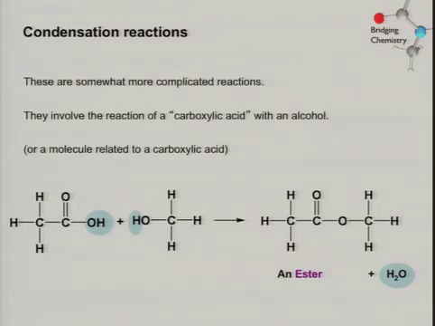The alcohol has an H attached to this oxygen, and what you find in this reaction is that the OH from the carboxylic acid comes off, the H on the OH of the alcohol group comes off, those two get together to make water, and the remaining two molecules stick together to make something that looks like this over here, which now has a new functional group that we haven't seen yet, where we have R, C double bond O, O, R. That type of molecule is called an ester.